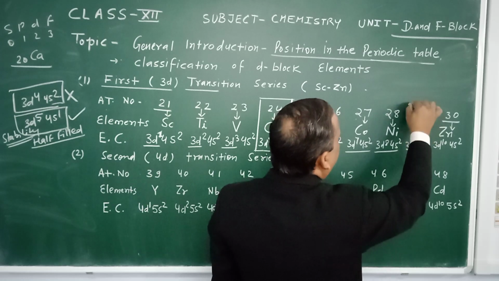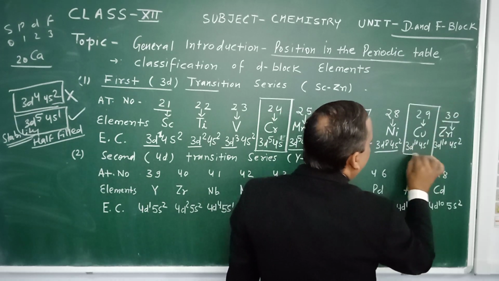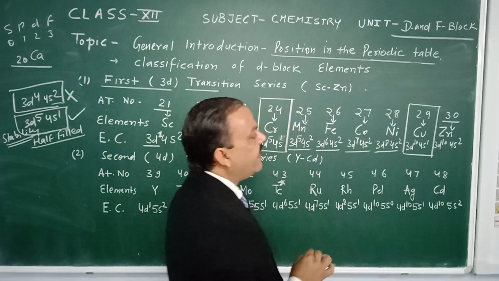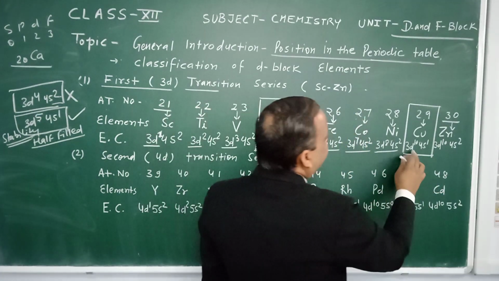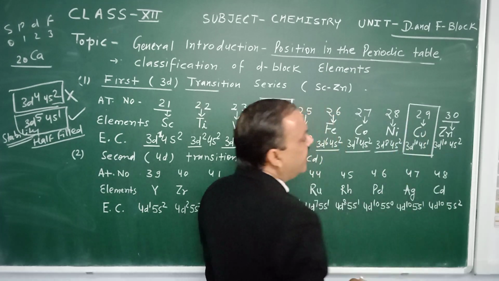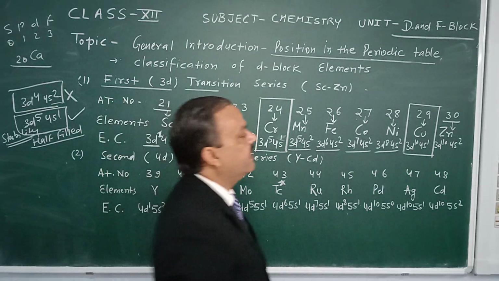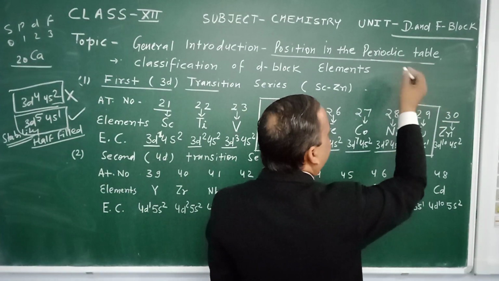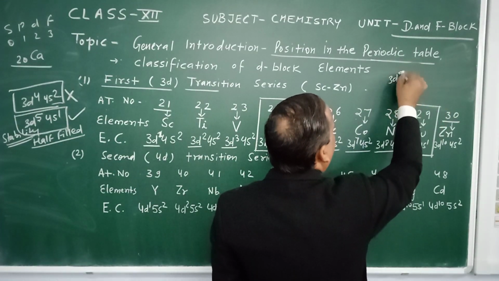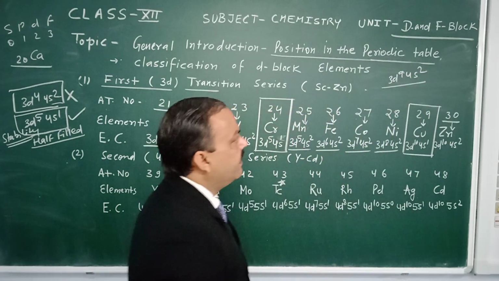In atomic number 29 again we have an exceptional case. Here we get the 3d10 4s1 configuration. But if we fill the electrons according to the proper order, then it should be 3d9 4s2 in the case of copper.